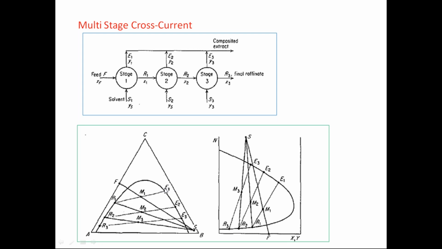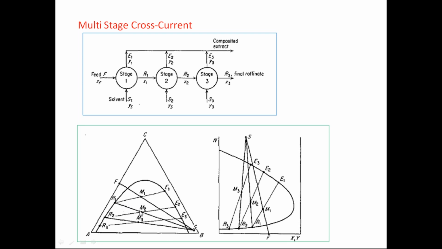So that you will get the E1 and R1. Now you can calculate the concentration of the solute in E1 and the concentration of the solute in R1 as YE and XR. Then this X1 will be the feed to the second stage, so it will be added again to the S point.